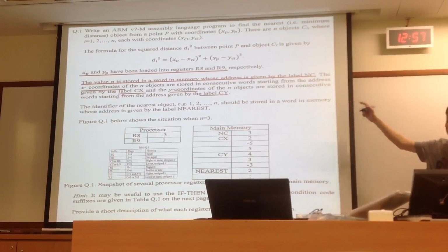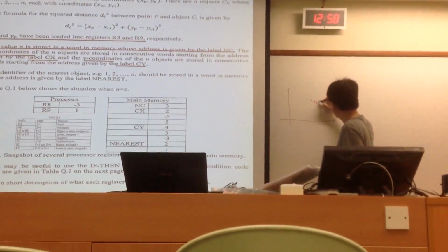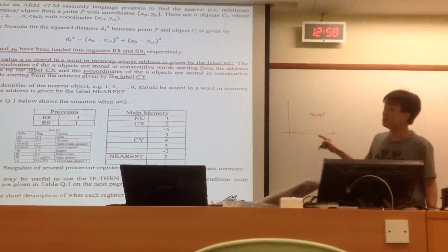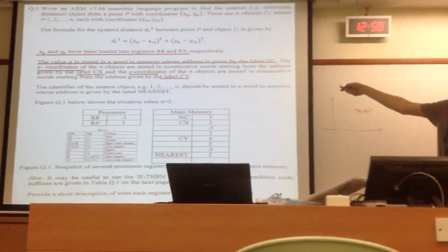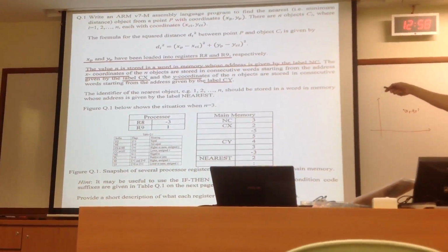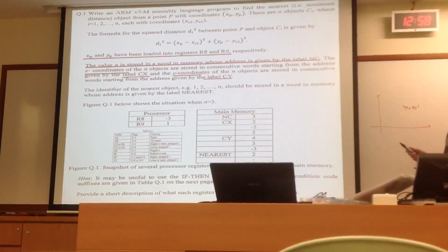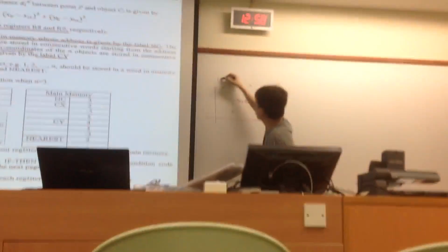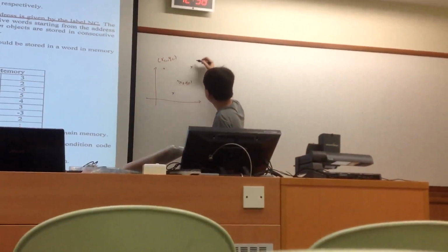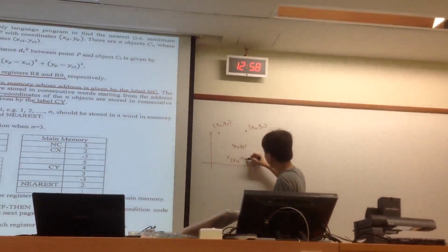There's a point P with coordinate XP, YP, and we want to find the nearest object from point P. There are n objects Ci, each with a coordinate: Xc1, Yc1, Xc2, Yc2, Xc3, Yc3.